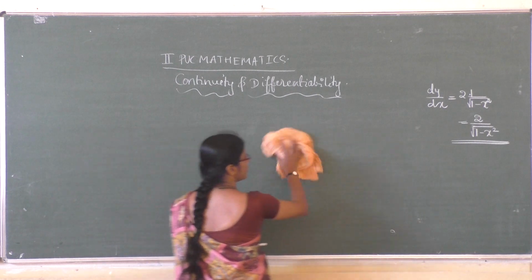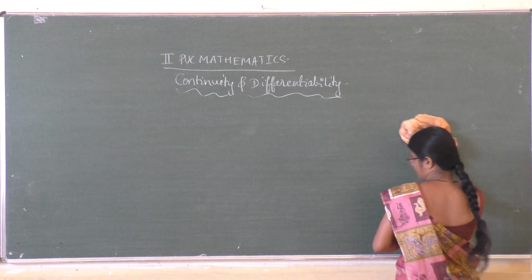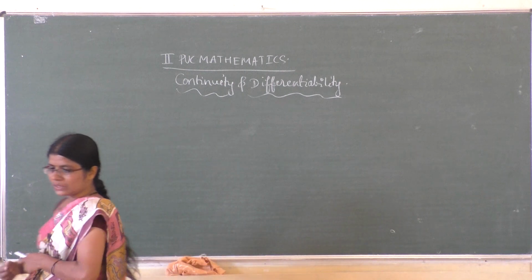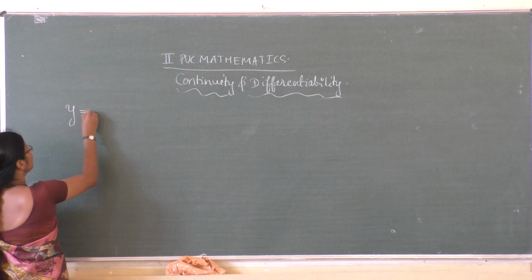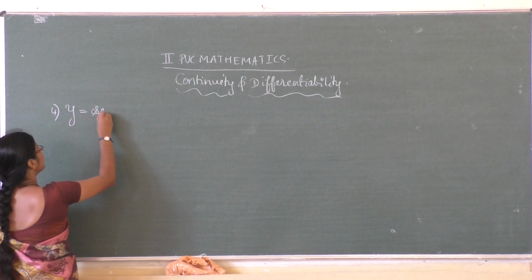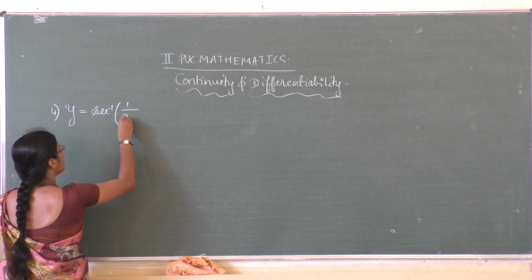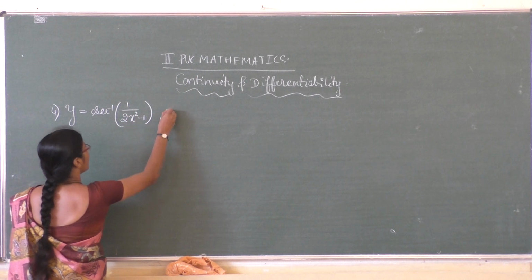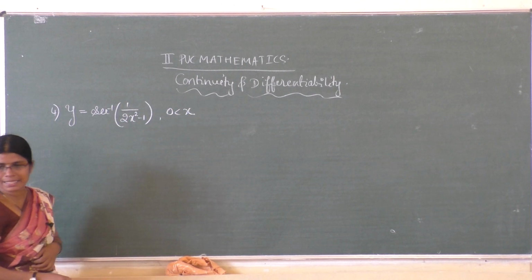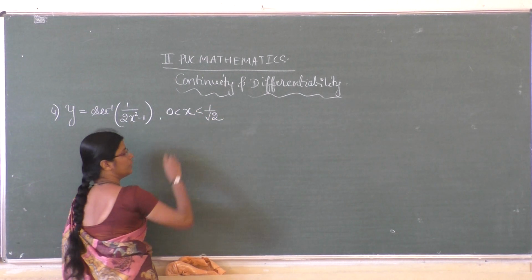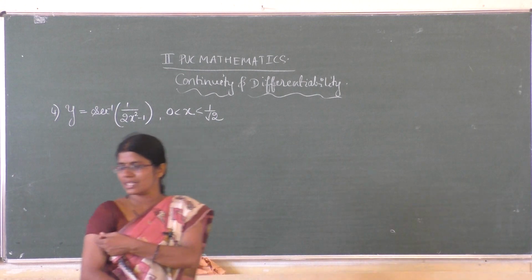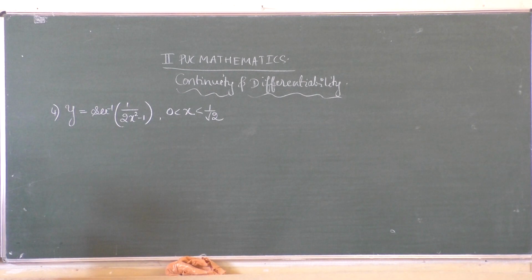Okay, we have to consider now the next problem, that is y equal to secant inverse of 1 by (2x square minus 1), where 0 less than x less than 1 by root 2.